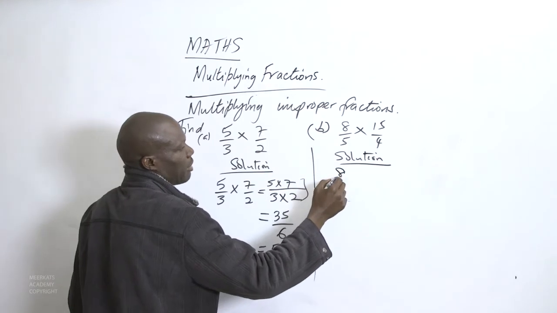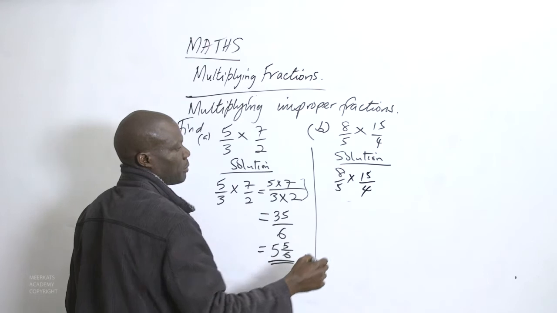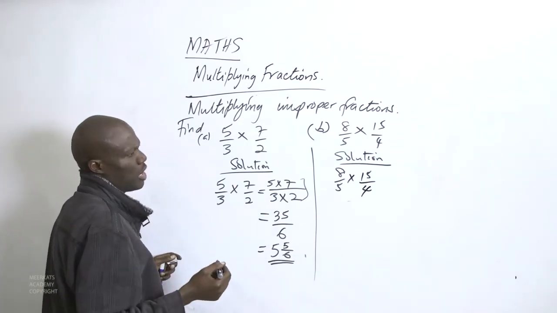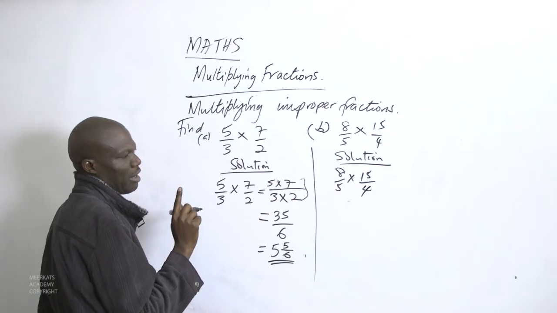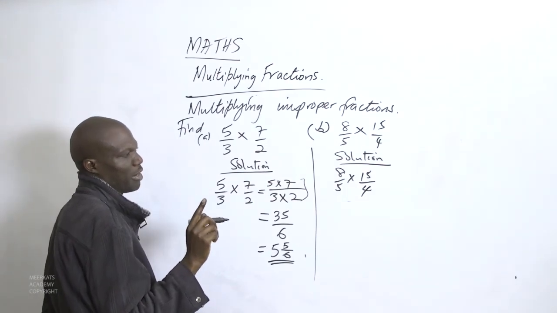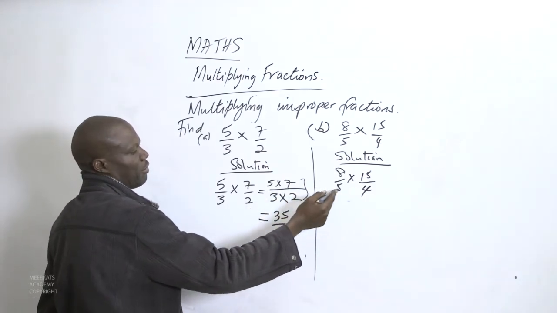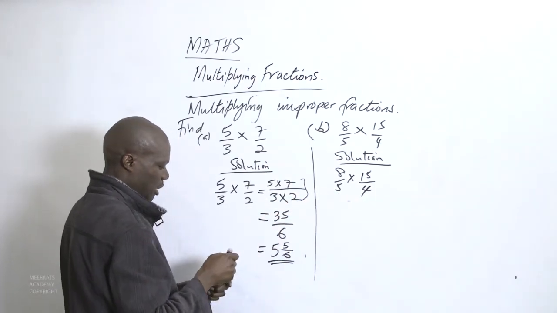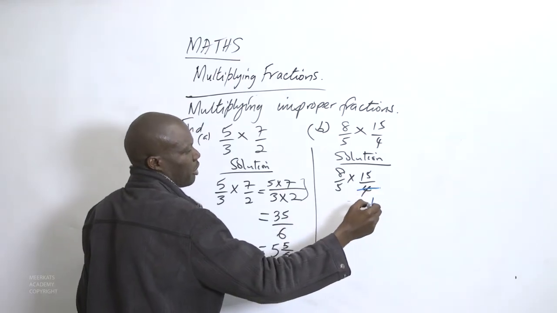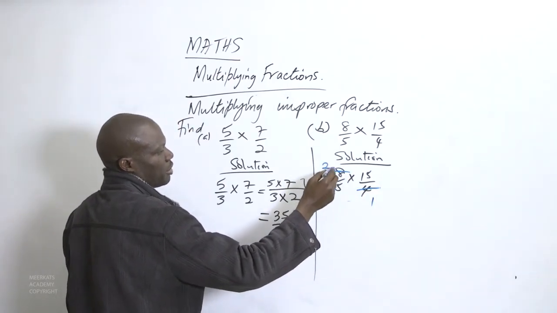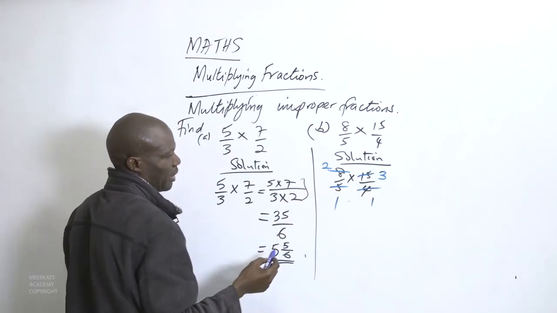This is 8 over 5 times 15 over 4. What you have here, we need to identify, are there any common factors that we can cancel? Yes. 8 and 4, we can simply cancel 8 and 4. 8 by 4 is 2, 4 by 4 is 1, 5 by 5 is 1, 15 by 5 is 3.